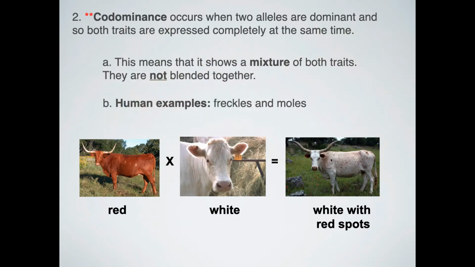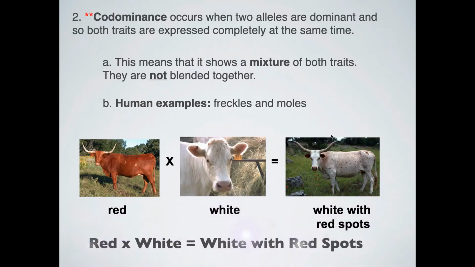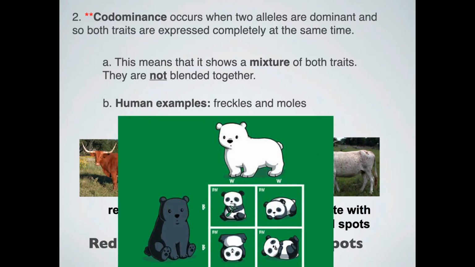A good example of that are freckles. Freckles are codominant, meaning that you end up with a mixture of traits that are in charge of freckles. So here we go: red times white equals white with red spots. That's a good example, again an animal example. I thought that this was a great example also of how to make pandas.